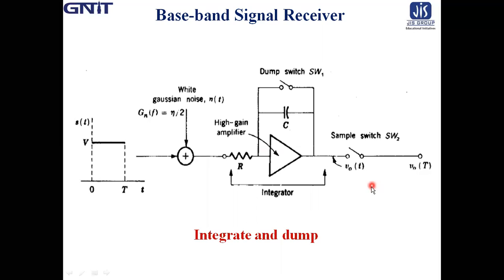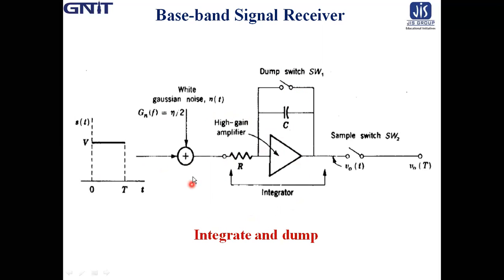The signal processing indicated in this figure is called integrate and dump, the term dump referring to the abrupt discharge of the capacitor after each sampling by dump switch SW1.